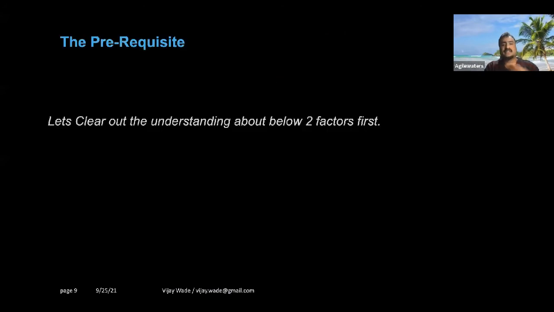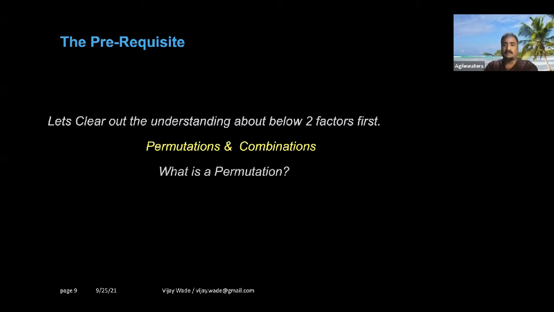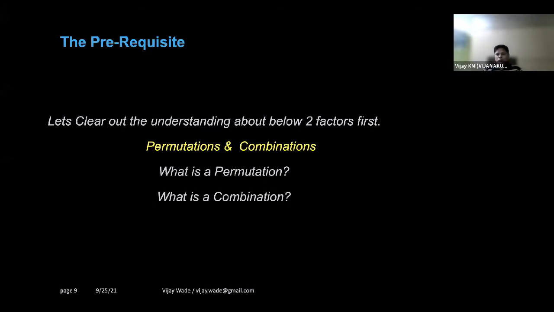So let's clear our understanding, for an example, of permutations and combinations. What is a permutation? And what is a combination? Usually, Vijay, when we have more test cases or more parameters, we create a matrix. It will be 2-dimension or 3-dimension. Yes. Then we try to cover as much as possible with a smaller number of test cases.